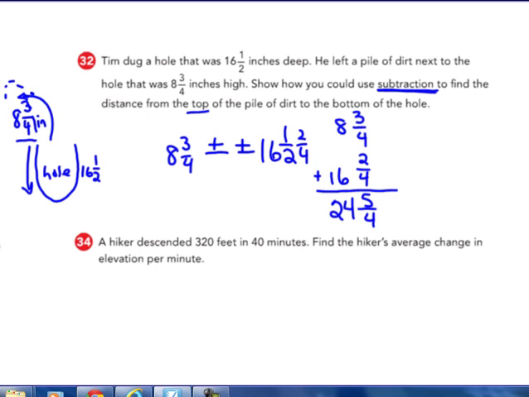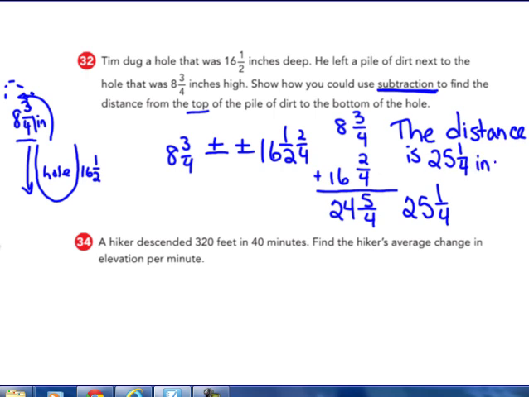I'm going to add that 1 to my whole number 24 that I already have, which gives me 25 1/4 inches. So show how you could use subtraction to find the distance from the top of the pile of the dirt to the bottom. So I'm going to answer this in a full sentence answer. The distance is 25 1/4 inches.